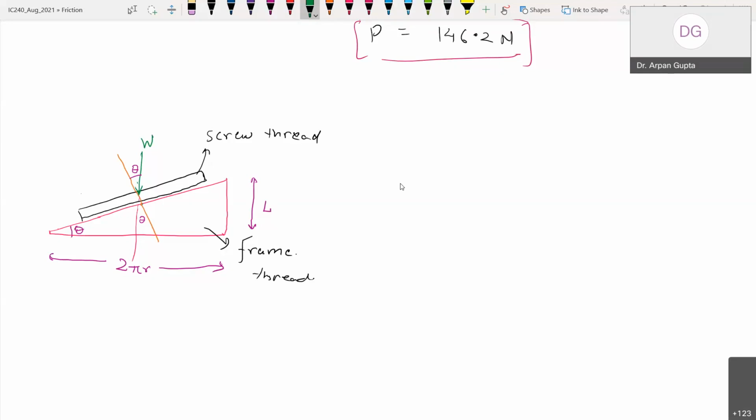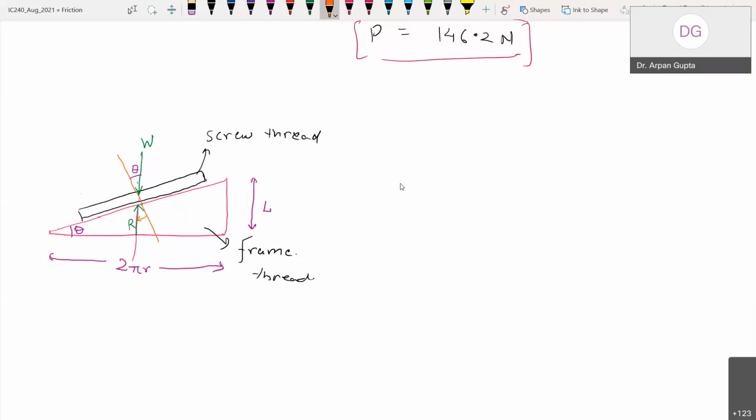So the friction will start applying upward, and the resultant force R will try to move to a vertical position so that it balances.